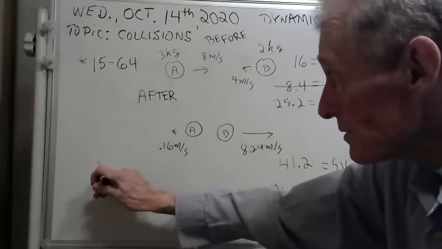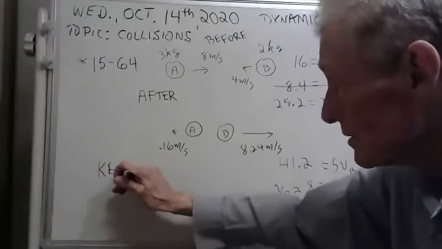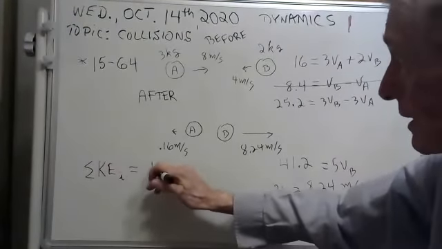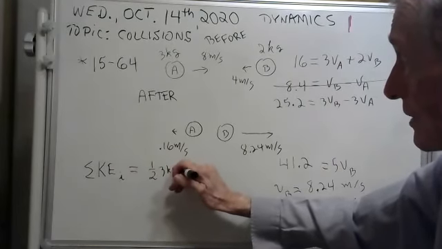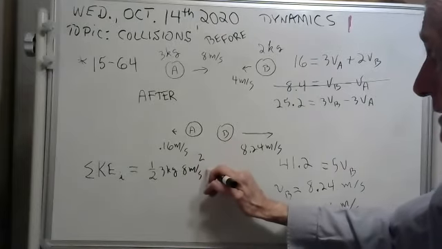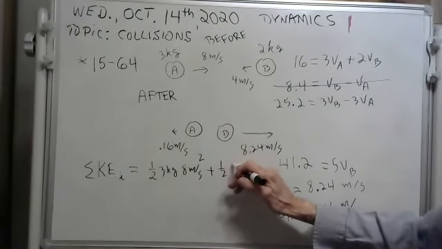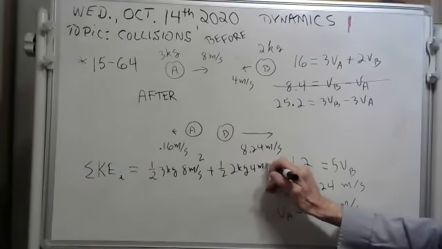But it'd be fun to get the initial kinetic energy, the total initial kinetic energy. I tell you what it'll be. It'll be 1/2 3 kilograms times 8 meters per second squared plus 1/2 2 kilograms times 4 meters per second squared.